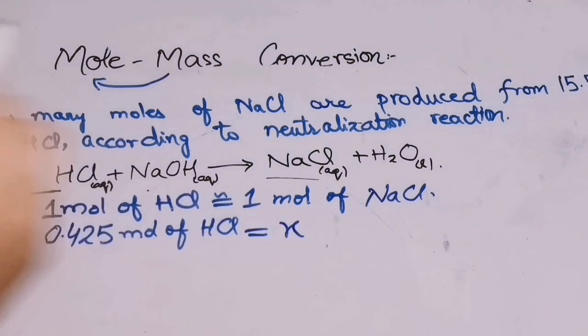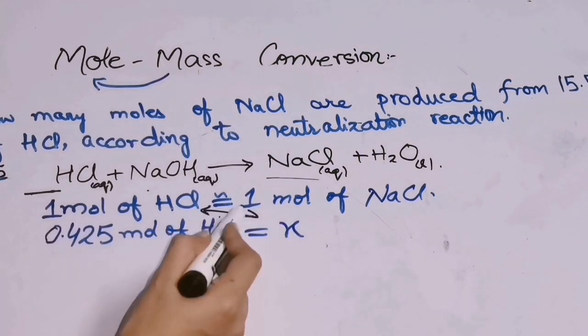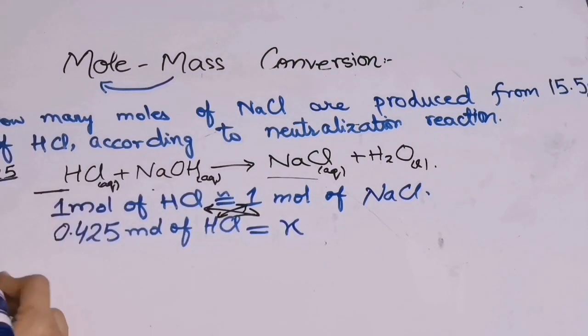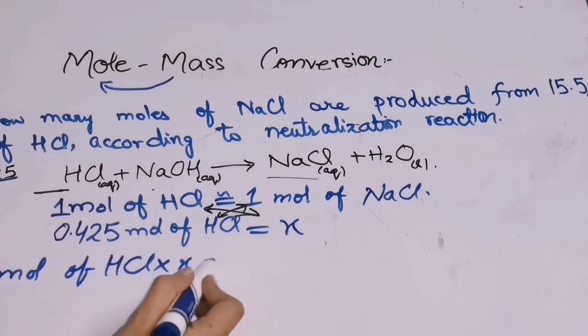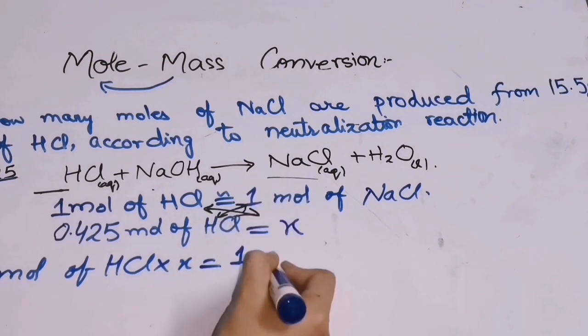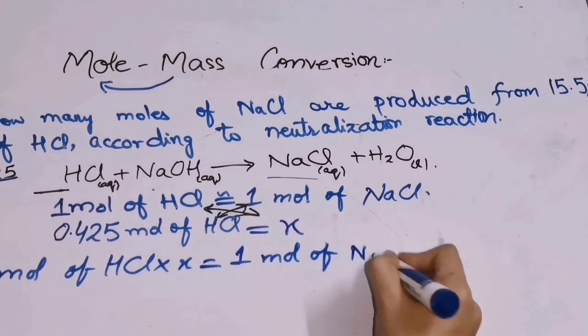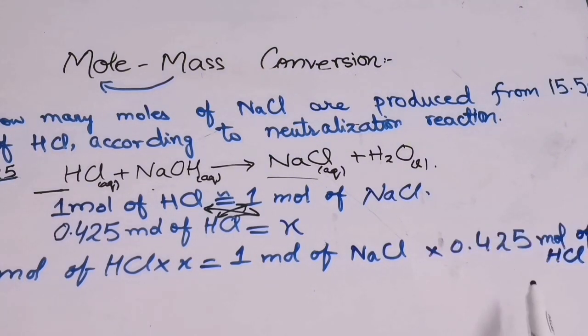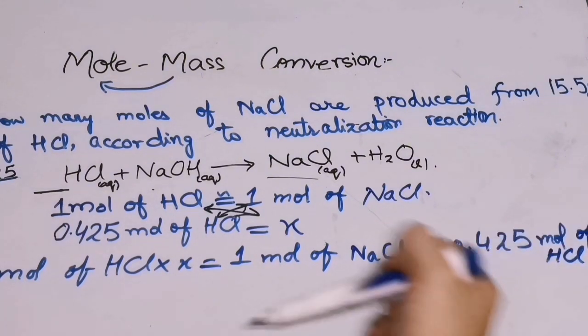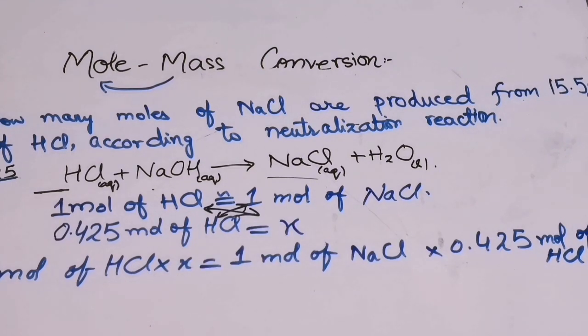Now what will we do over here? We will do the cross multiplication. We will write over here 1 mole of HCl multiplied by X, which will be equal to 1 mole of NaCl multiplied by 0.425 mole of HCl. X will stay in its place and we will divide 1 mole of HCl on both sides.